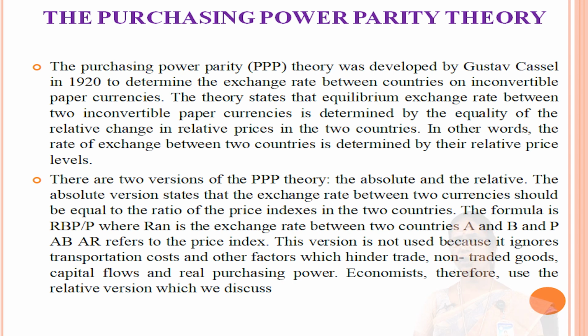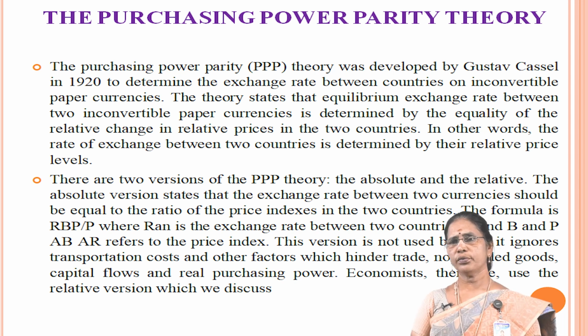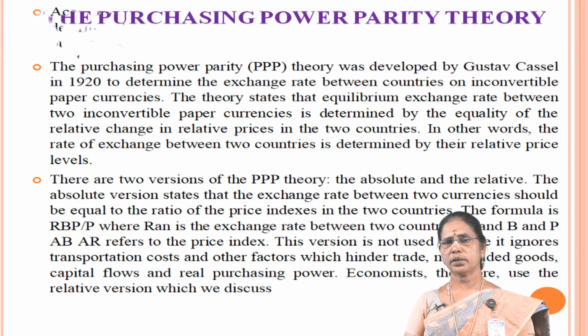This version is not used because it ignores transportation costs and other factors which hinder trade, non-traded goods, capital flows, and real purchasing power. Economists therefore use the relative version, which we discussed.